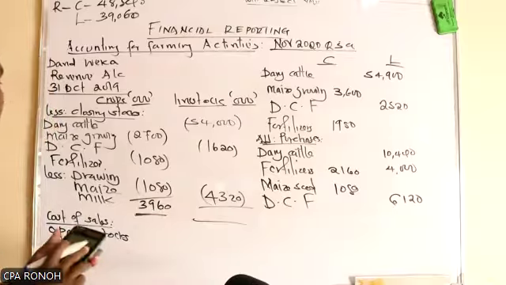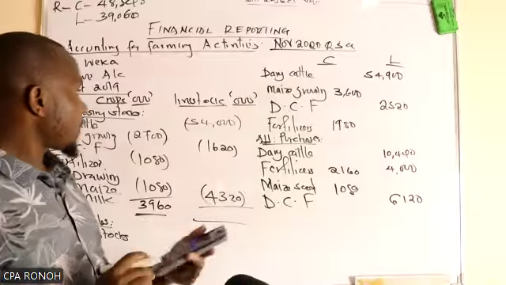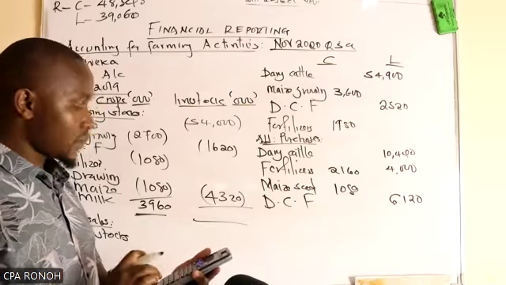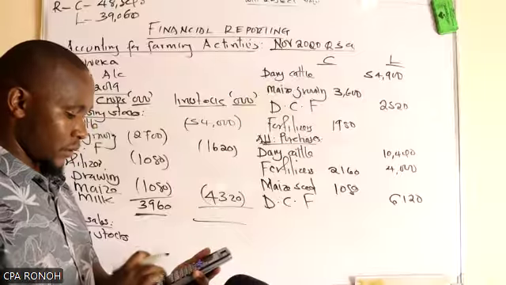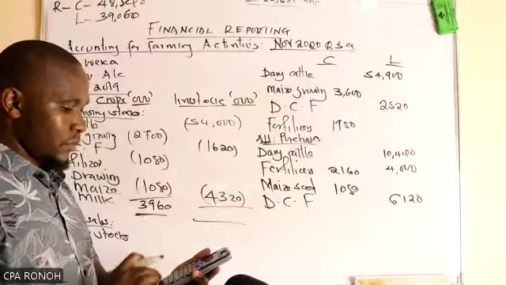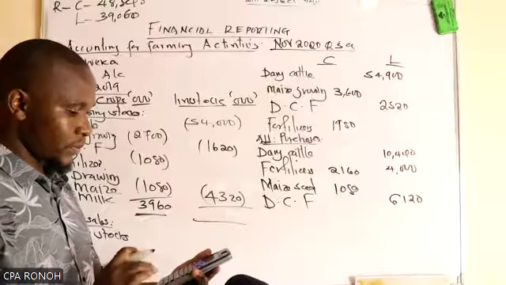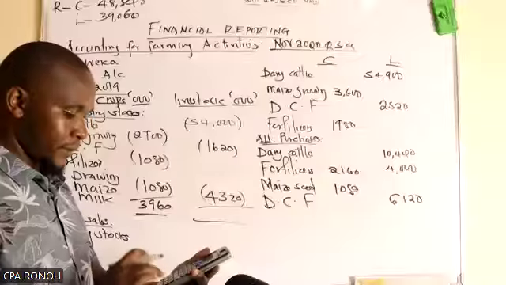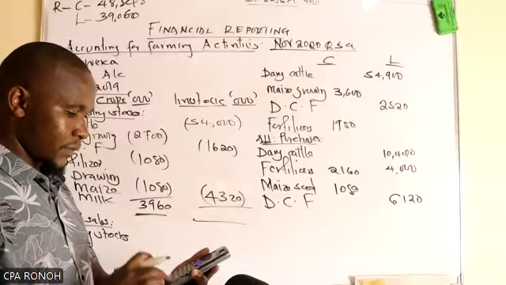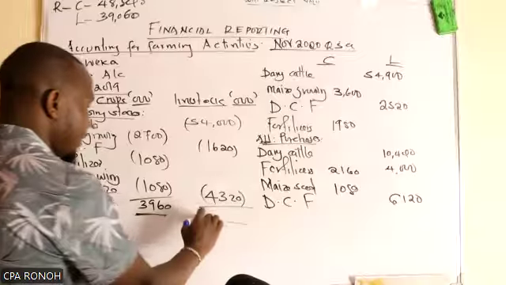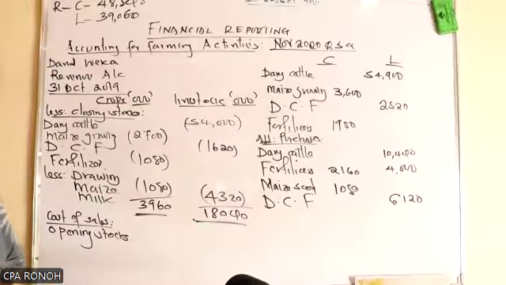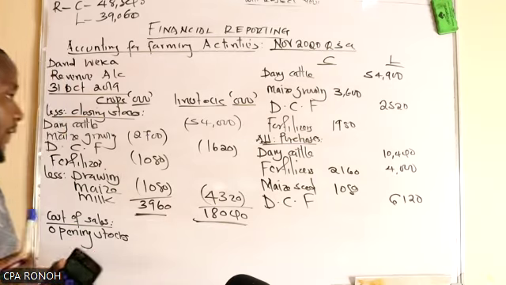Confirm that the total cost of sales is 3,960 for the crops. How much is livestock? I'm getting 80,040. So confirm the figures.